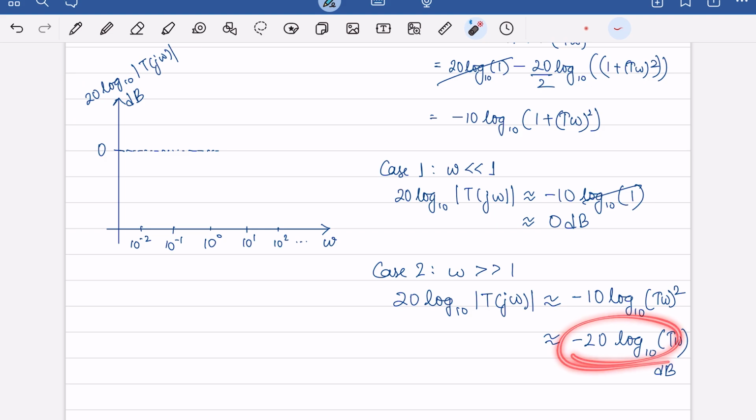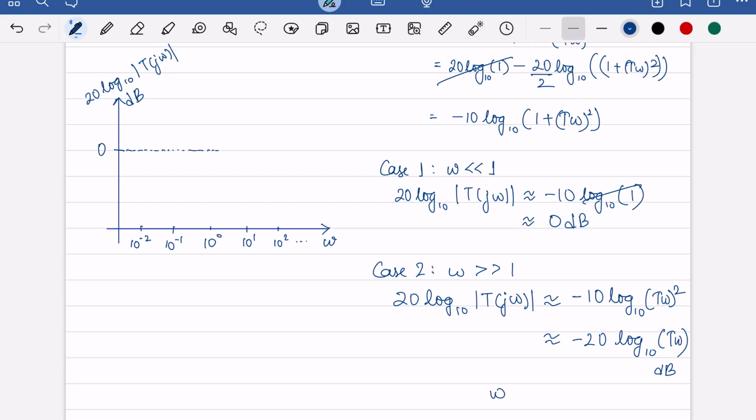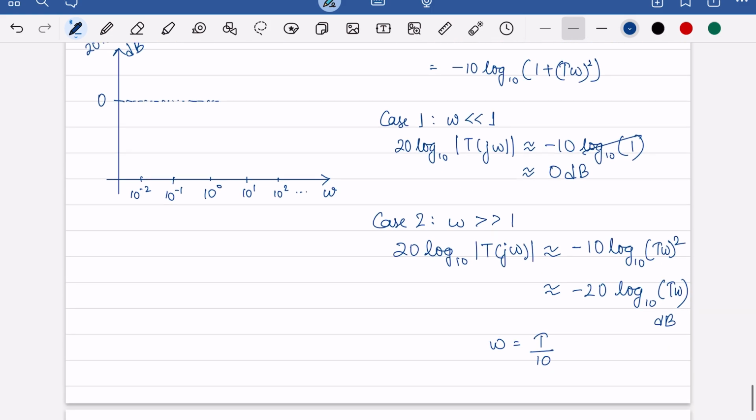So if omega is equal to, actually not tau by 10, let's say omega is equal to 10 by tau, then what we're going to be plotting, minus 20 log to the base 10 of tau omega, becomes 10.